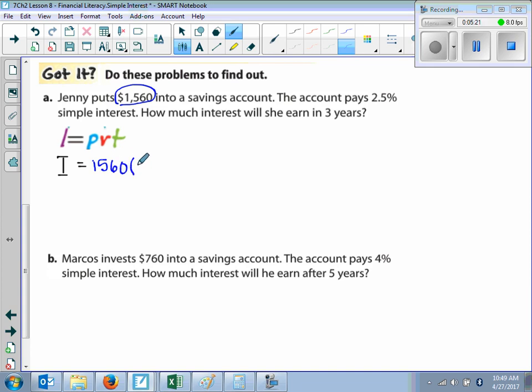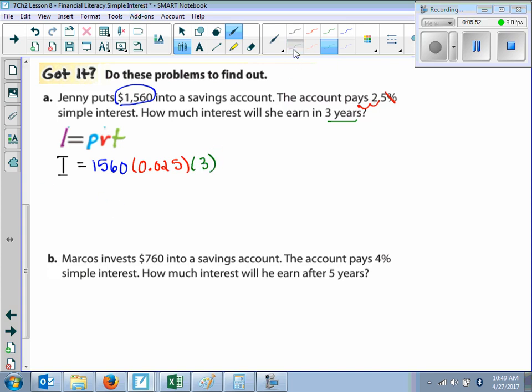The interest rate is what? The interest rate is 0. Remember, we got to move the decimal 2 places to the left. So it's 0.025. And the time is 3 years. So we're just going to multiply times 3.